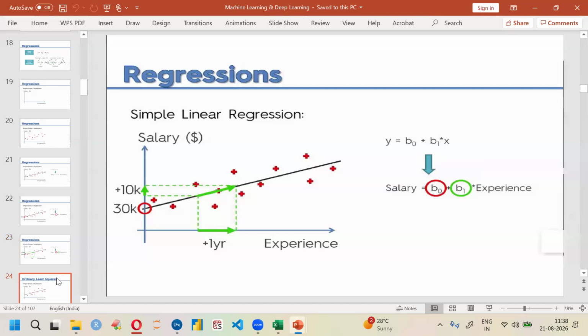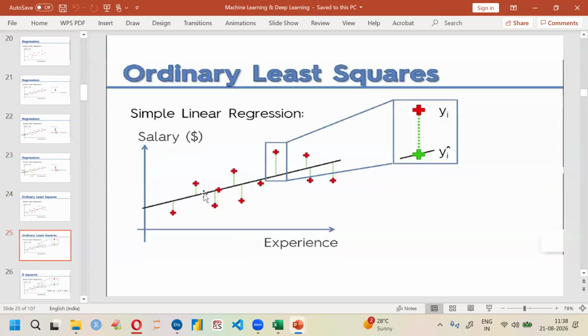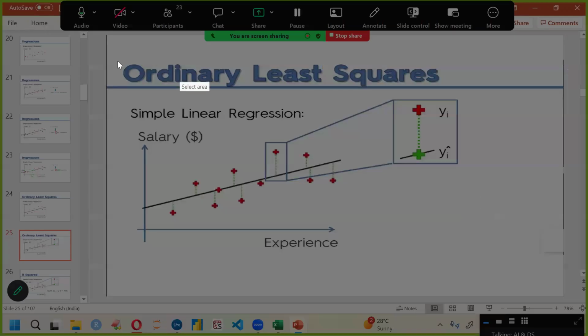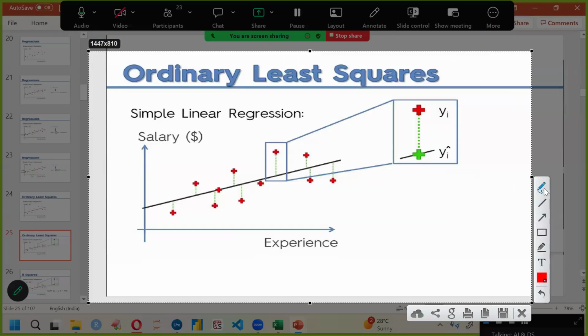Now I am drawing this line again. These points are actual points. So this is yi. This point, consider it as y2.